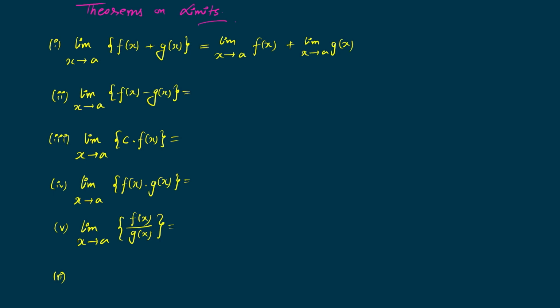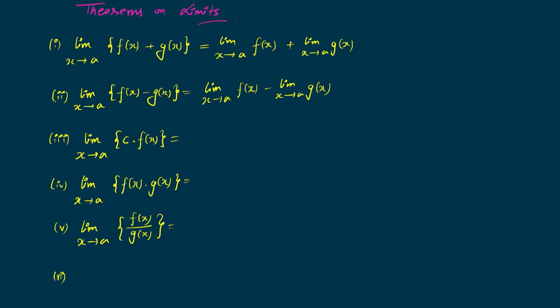And similarly, if two functions are getting subtracted, we can again distribute the limit as limit extends to a f of x minus limit extends to a g of x. Okay, so in number 3, what we have is limit extends to a, and here a function f(x) is being multiplied with a constant c.